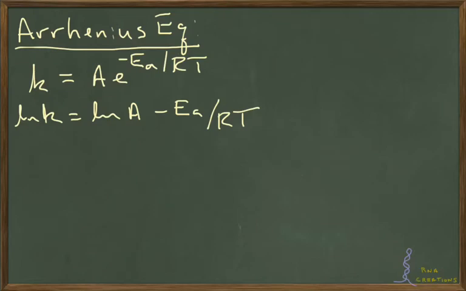There's an inverse relationship, and that's really all we need to worry about for today. So as you increase the activation barrier, you decrease the rate constant, and vice versa.